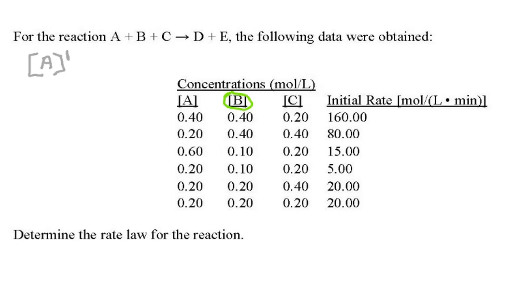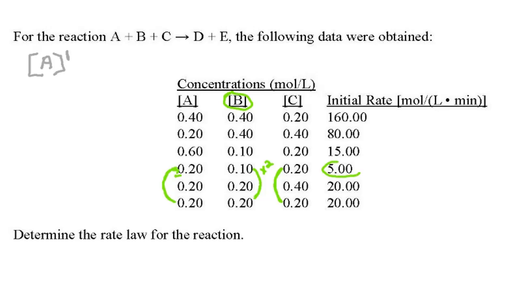So if we look at A and see where they do not change, but B does, A does not change between these two experiments. It stays at 0.2. C does not change between these two experiments. It stays at 0.2. But B changes from 0.1 to 0.2. So that is doubled. From 0.10 to 0.20, that's doubled.